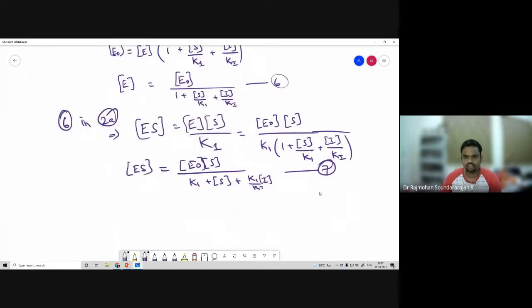So this is the equation for ES. Now substitute 7 in 1, where we have P equal to K2 into ES.